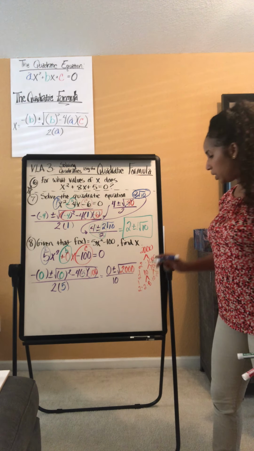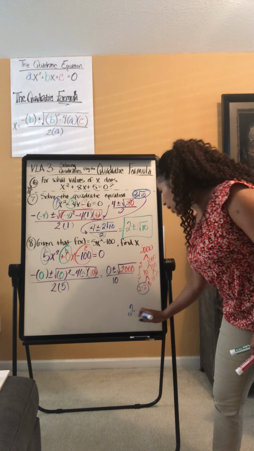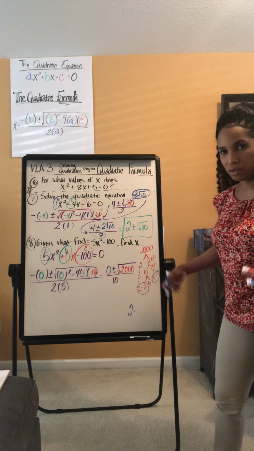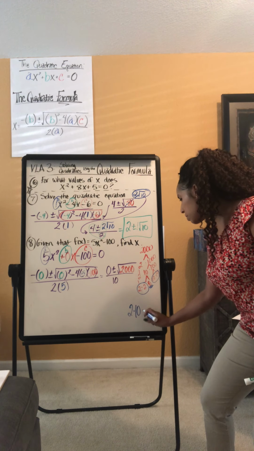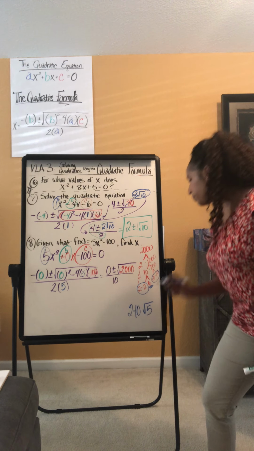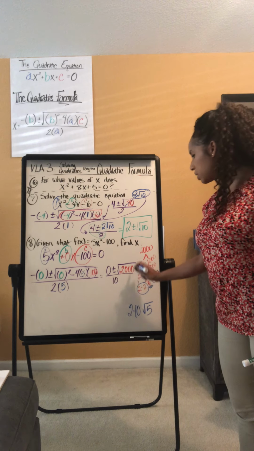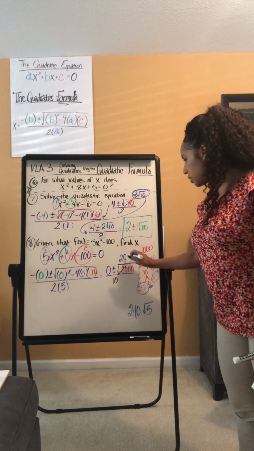This is a square root. We need pairs. So I could pull out the number 2 because there's 2 of them. I could pull out the number 10 because there's 2 of them. You could break it down all the way to the 2's and the 5's, but we're going to end up at the same place. What's left all by its lonesome inside the house is the 5. So the square root of 2,000 is going to simplify into 20 and the square root of 5.